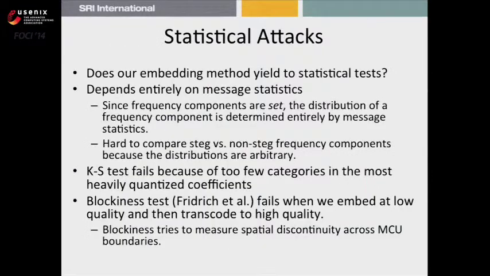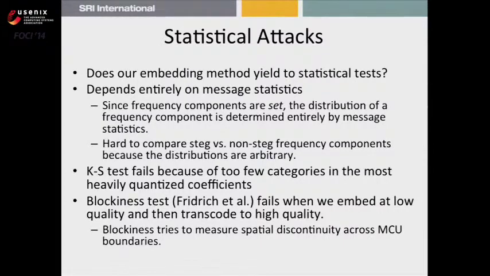Let's see. So the other thing we wanted to look at were statistical attacks. How difficult would it be to determine that a message is being embedded in this image? And we tried a couple of different things. One was a Kolmogorov-Smirnov test, but it turns out that test doesn't do too well because we're using the most heavily quantized coefficients.